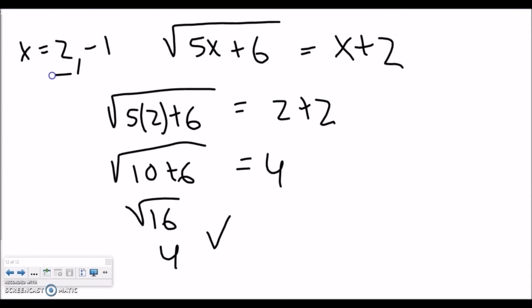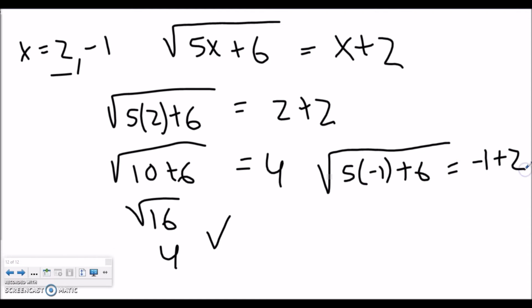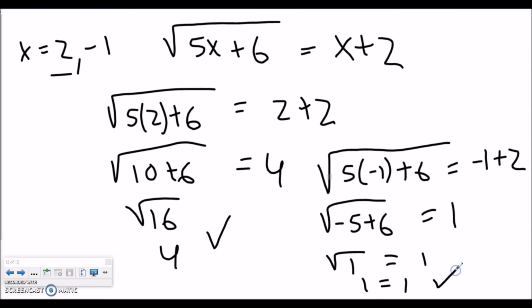So that one works. The 2 works. Let's try the negative 1. 5 times negative 1 plus 6 equals negative 1 plus 2. The square root of negative 5 plus 6, that's the square root of 1. And negative 1 plus 2 is 1. That works. So for this problem, both of our answers worked. x equals 2 and x equals negative 1.